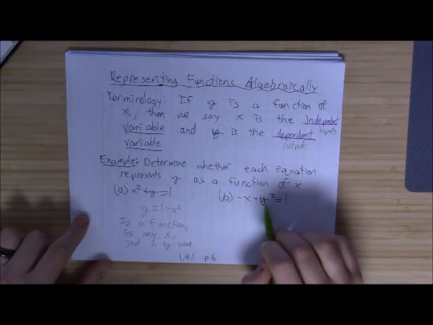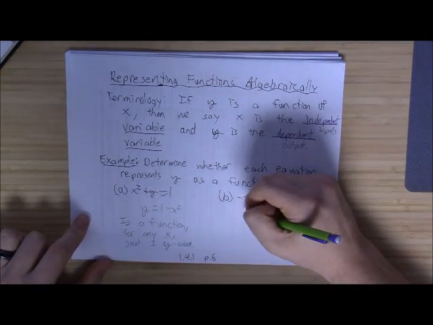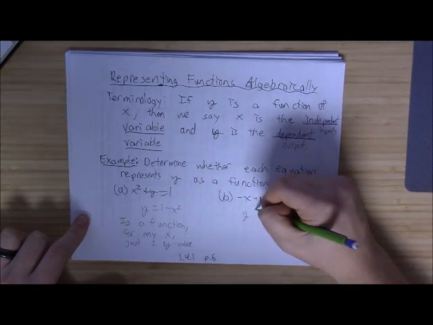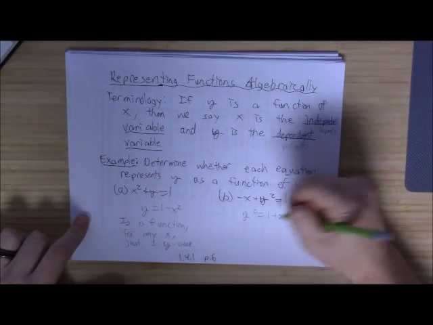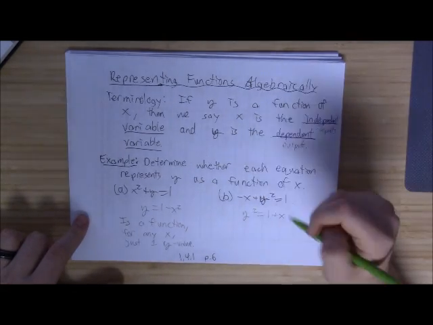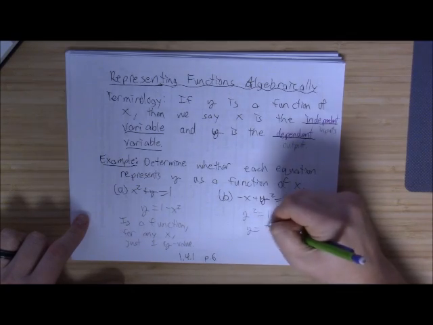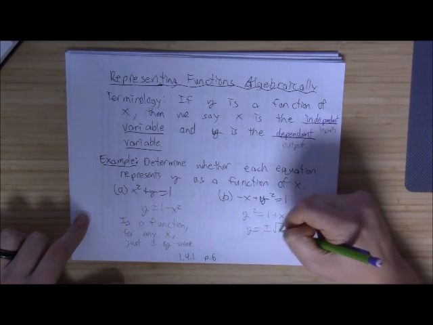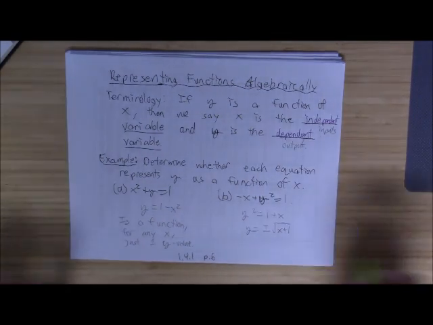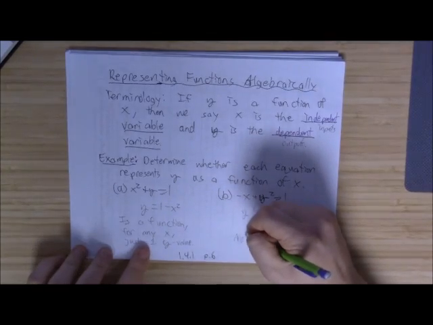Over here, on the other hand, if we try to solve for y, we end up with y squared equals 1 plus x. But then we have to take the square root, and when we do that, we have to put in the plus or minus. Well then, this is not a function.